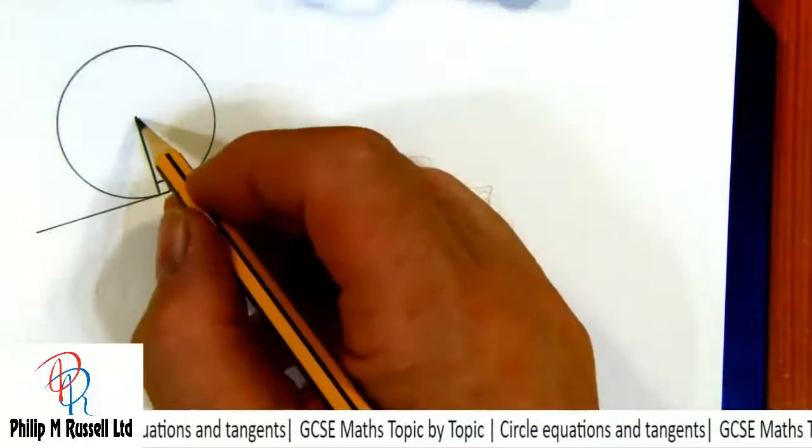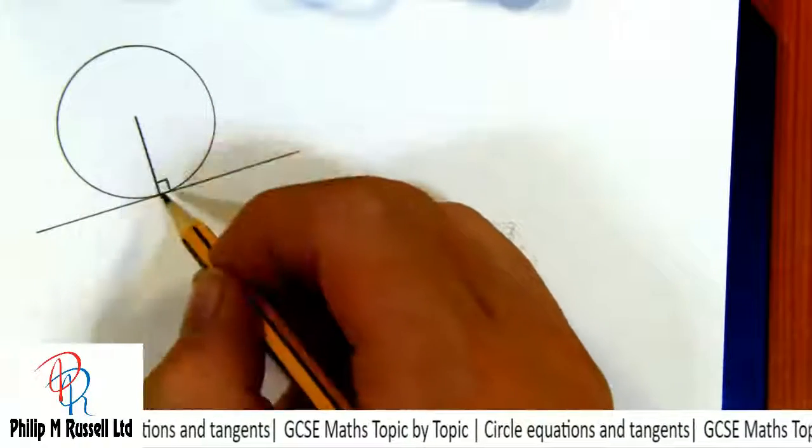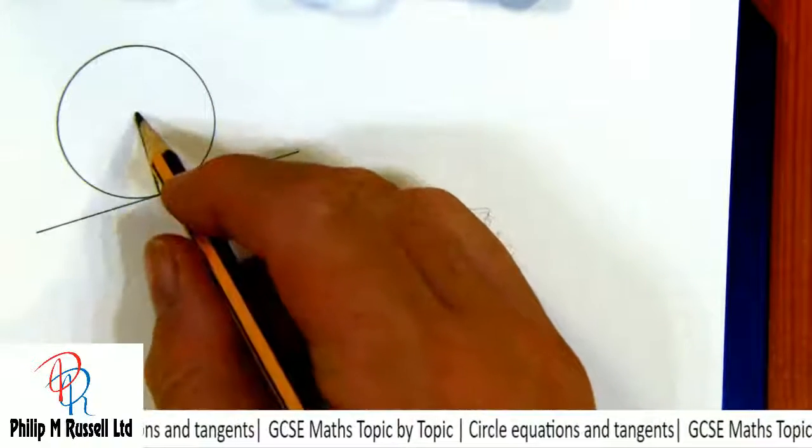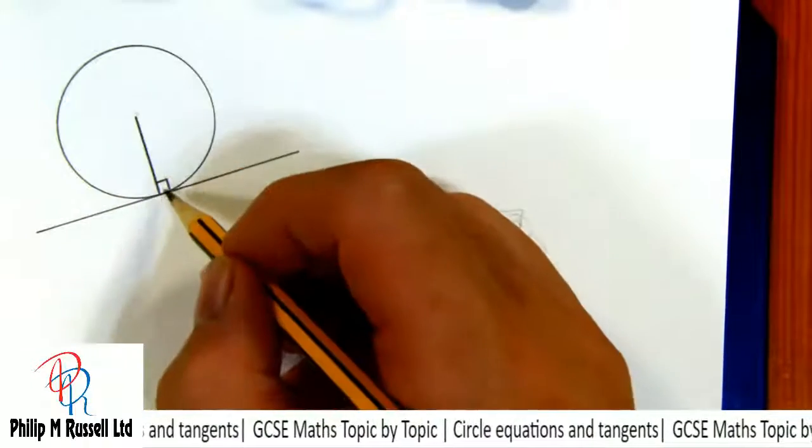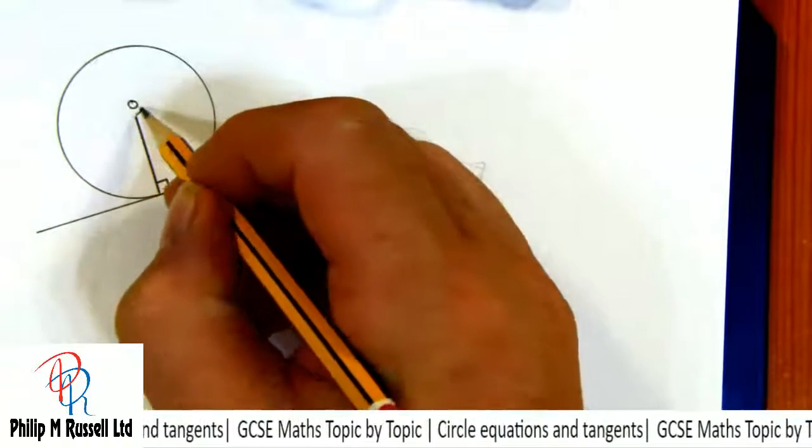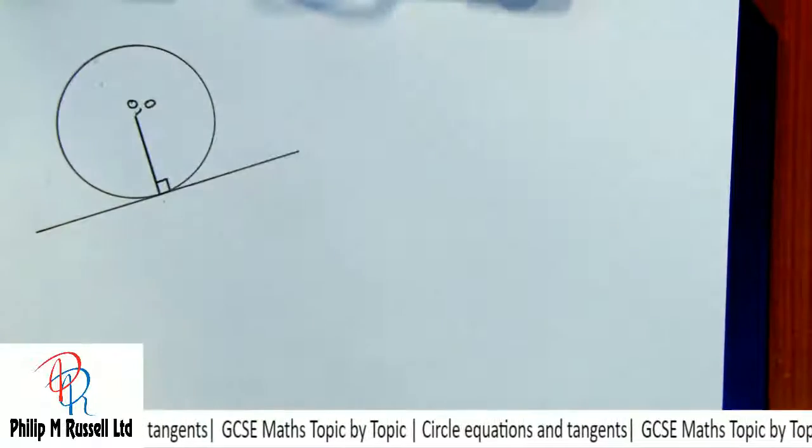Well, if I know my radius, I know perhaps these points, and typically this might be at the point (0, 0).